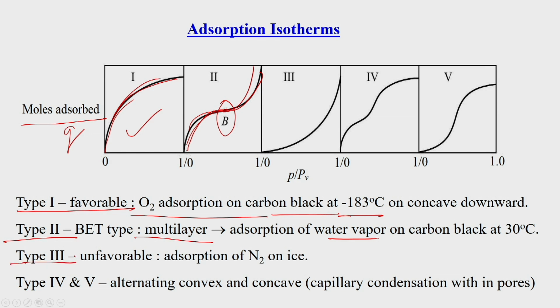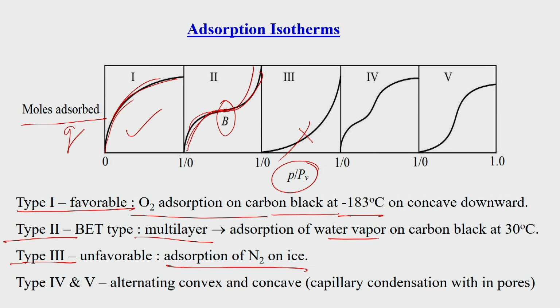Then type 3 is an unfavorable one, like adsorption of nitrogen on ice. With an increase in partial pressure, the moles adsorbed, or capacity, grows exponentially, but that cannot be realistic.